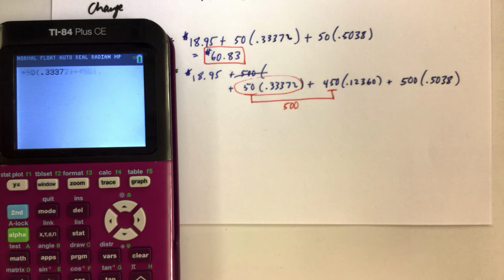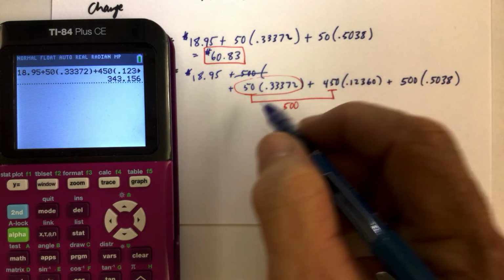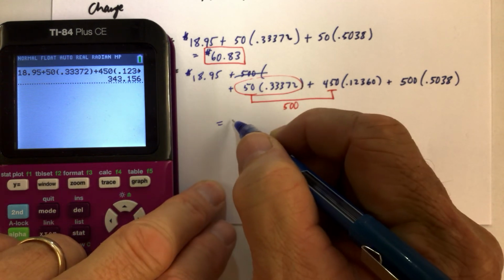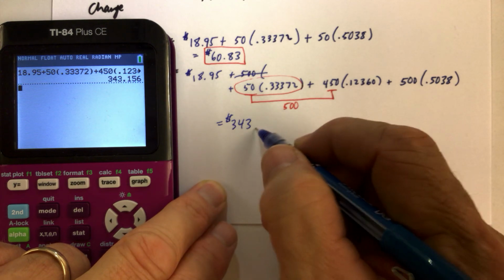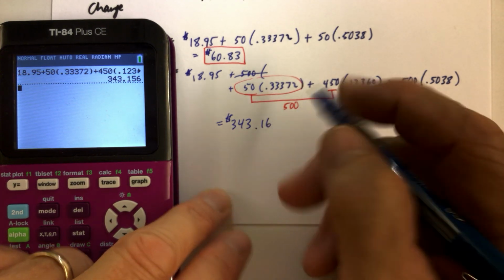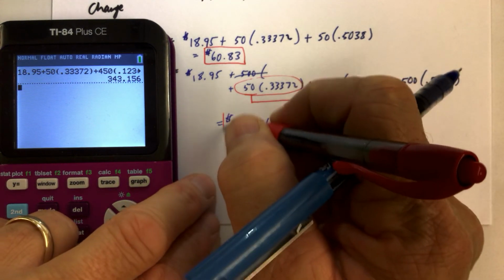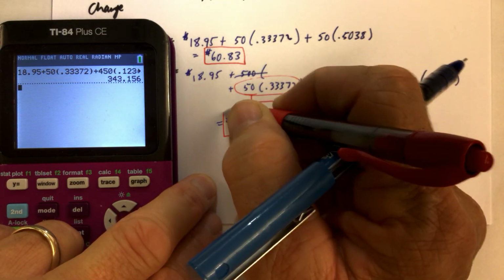And then plus the 500 therms multiplied by the 0.5038. Did I get all that right? I hope so. So this would be equal to $343.16. So rounding to the nearest penny, that's what we would pay.